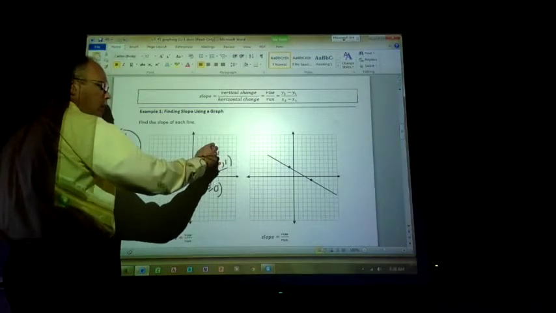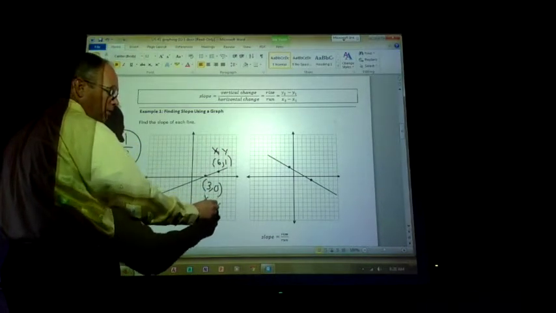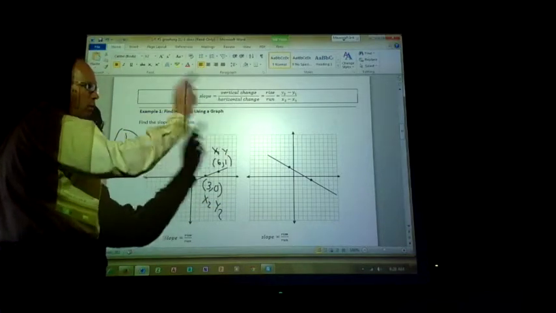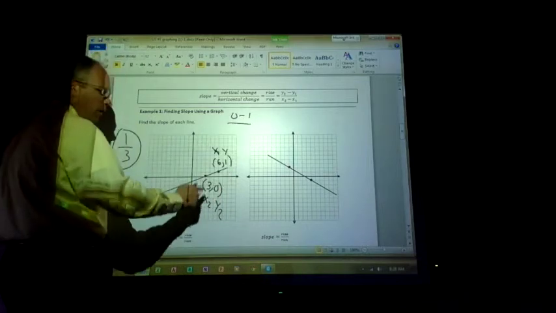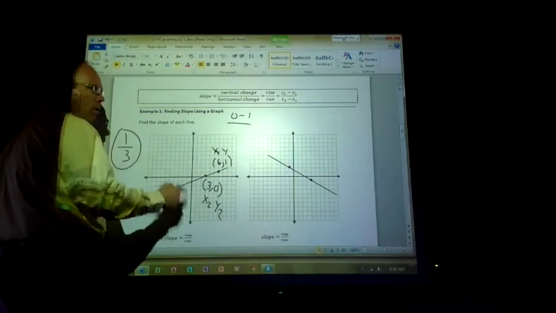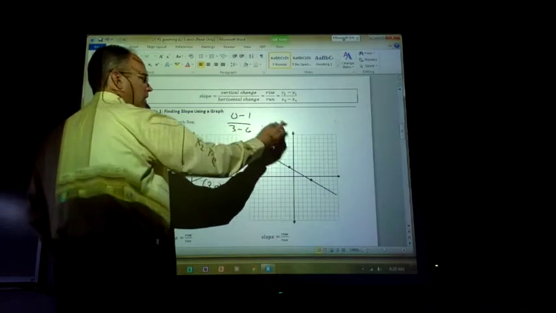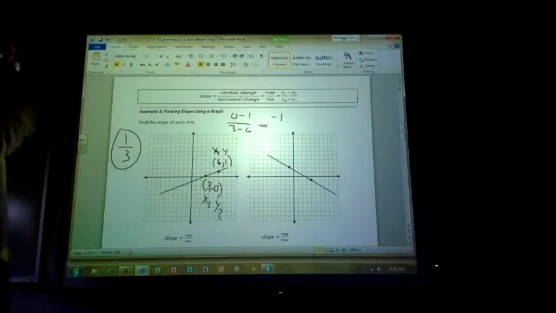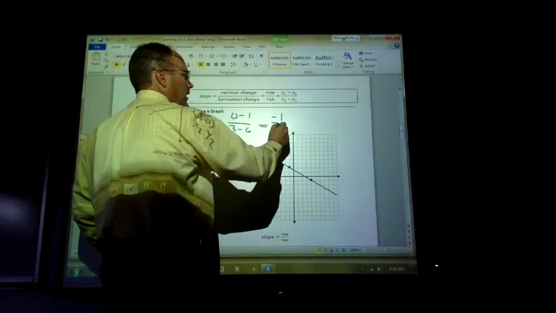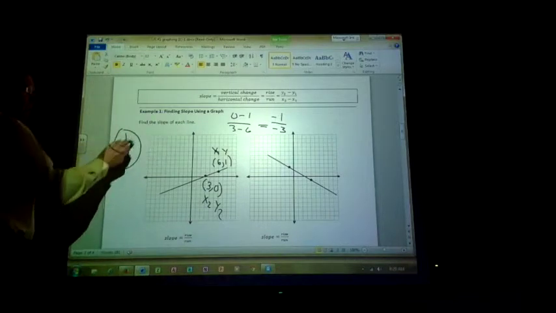Plug these into the equation, y2 minus y1, so 0 minus 1, over x2 minus x1, so 3 minus 6, that's going to give me -1 over -3, and negative over negative is positive.